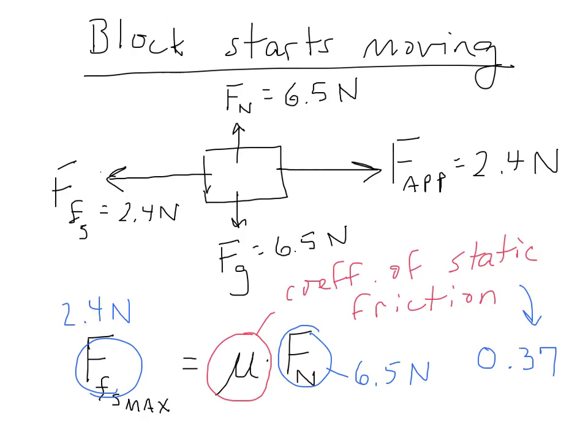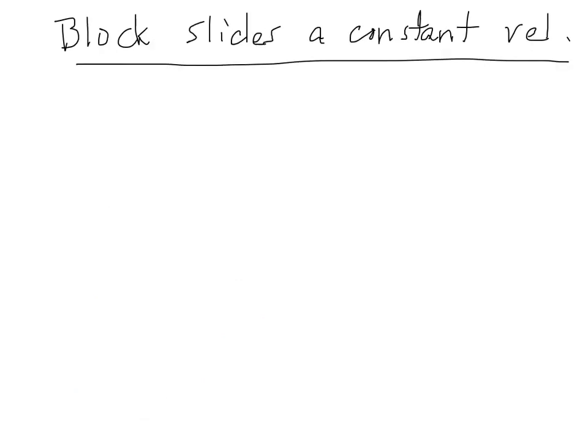Now, you'll notice in the video, once it was starting to move, that friction force was adjusted. And if you go back and replay it, you'll see an explanation of what I'm going to do next. So as I continued to pull on that block, this was the same 6.5 newton block sitting on the same table.